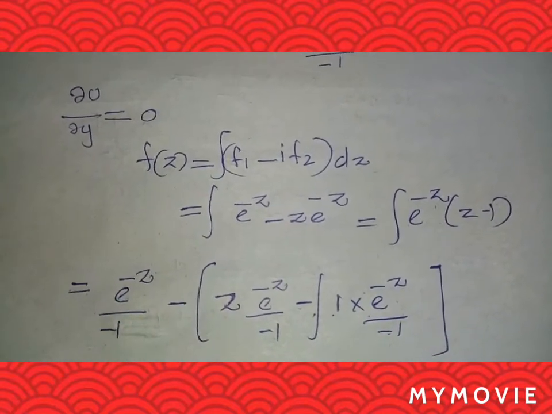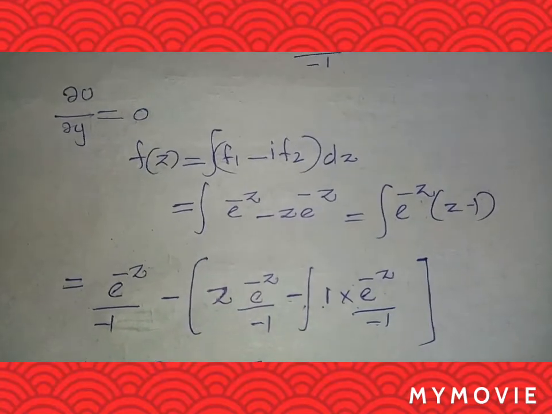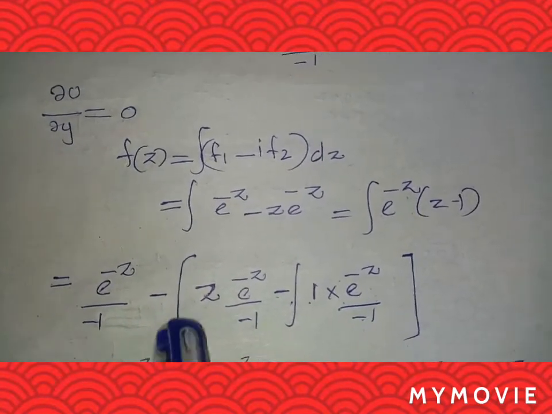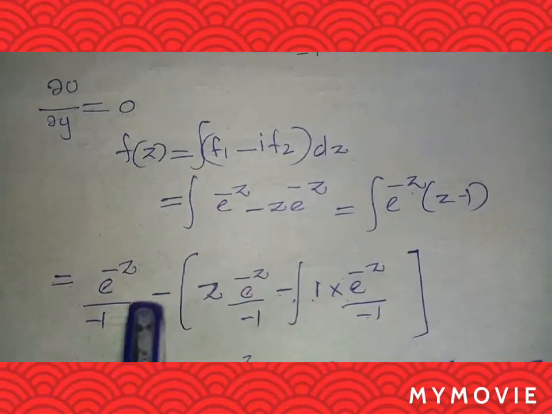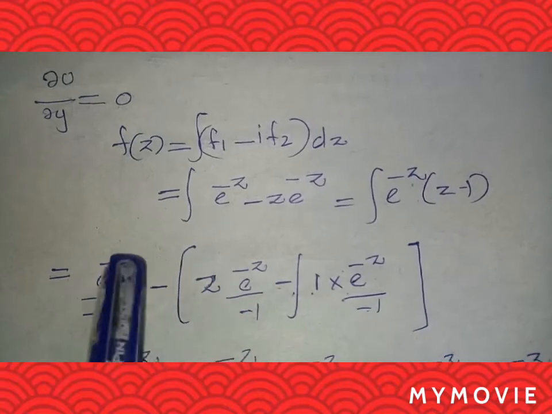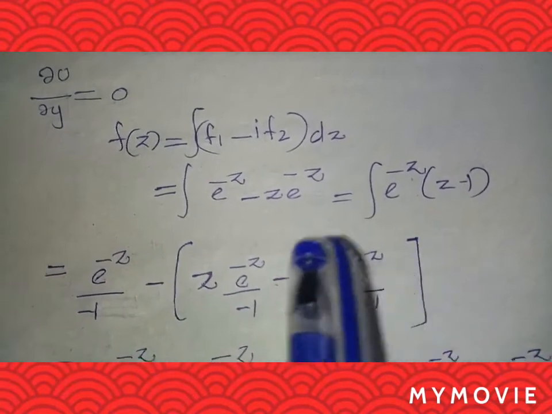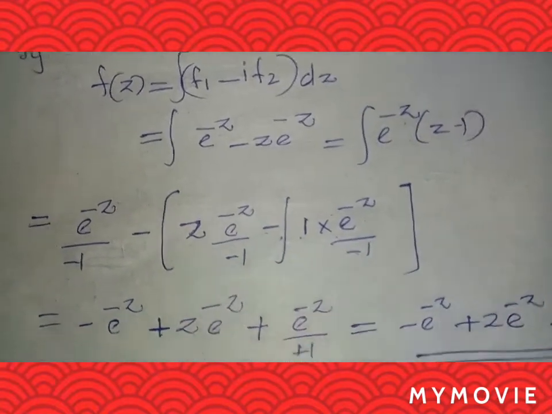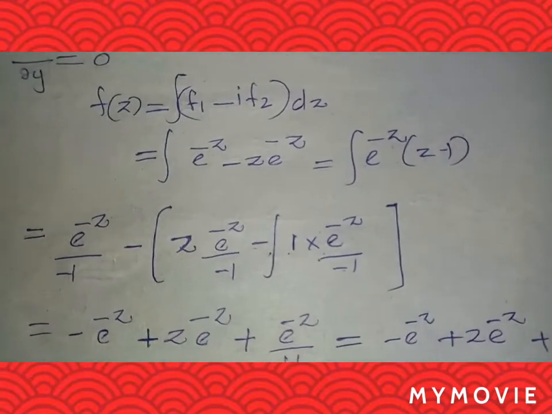And we know the analytic function when u of xy is given, that is integral of f1 minus i f2 dz, that is e raised to minus z minus z e raised to minus z. That is e raised to minus z integral, that is e raised to minus z by minus 1, minus z into e raised to minus z, which is the integration of products: first function into integral of second, minus integral of derivative of first into integral of second.